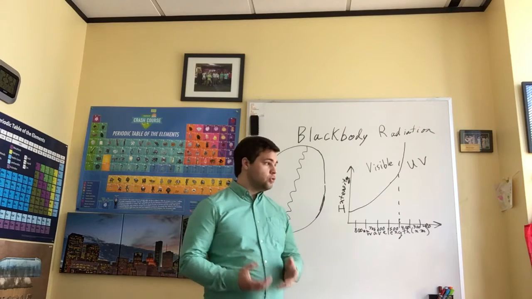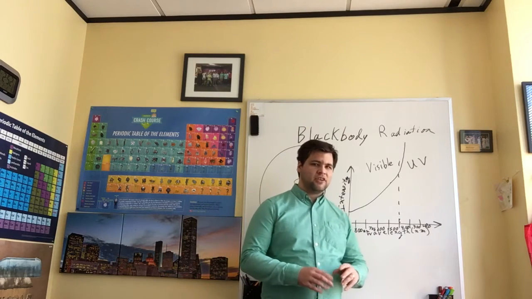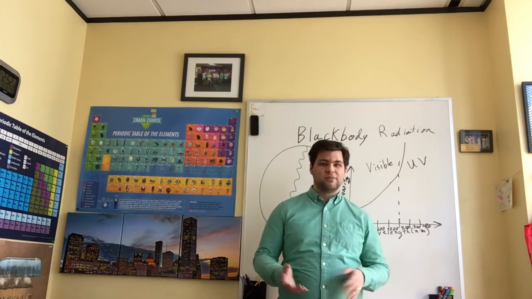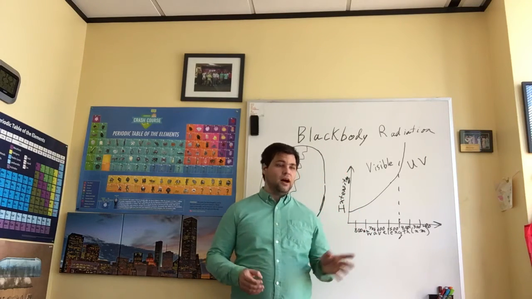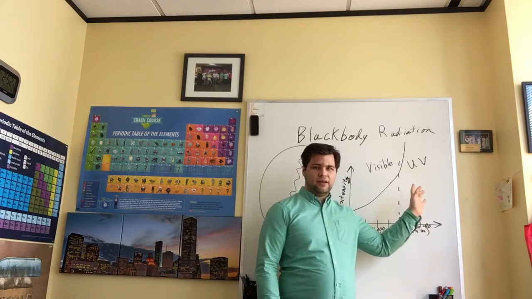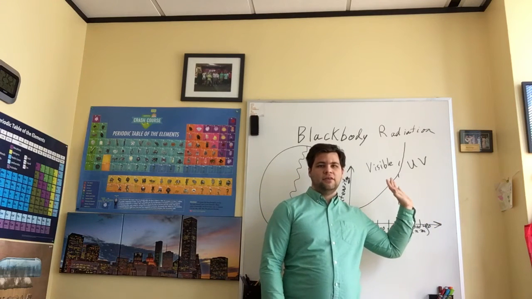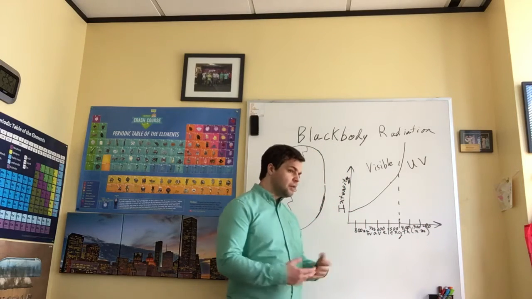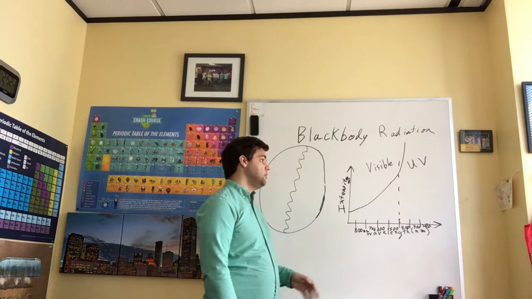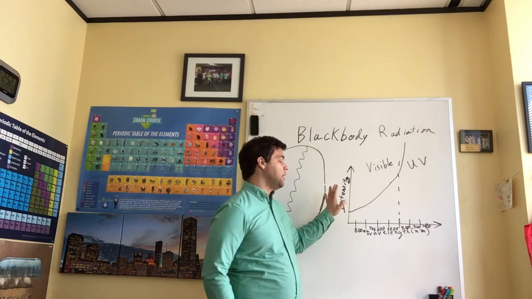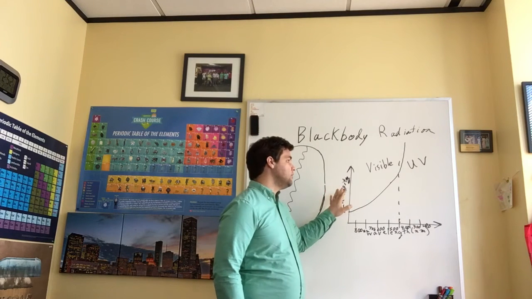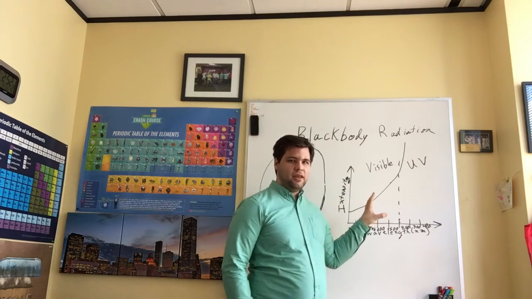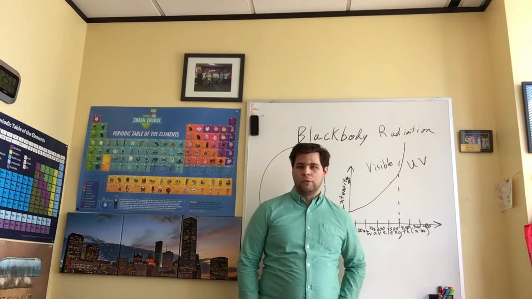So if this was truly the case, then objects just around us in everyday life would be emitting lots and lots and lots of ultraviolet and X-rays and so forth, gamma rays, radiation. Obviously, that's not the case. We wouldn't be alive if it was, and so this is not an accurate representation in any sense of what we observe.